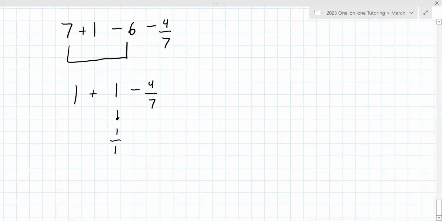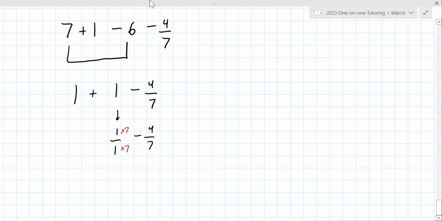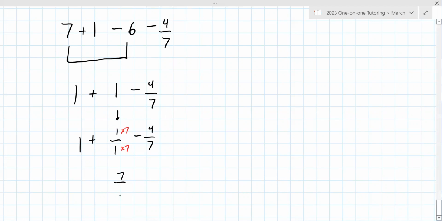So the middle one, that's the one we're focusing on. That becomes the 1 over 1 minus the 4 over 7. So you want to make a common denominator. Okay. So that's 7 over 7 minus 4 over 7. What does this become?